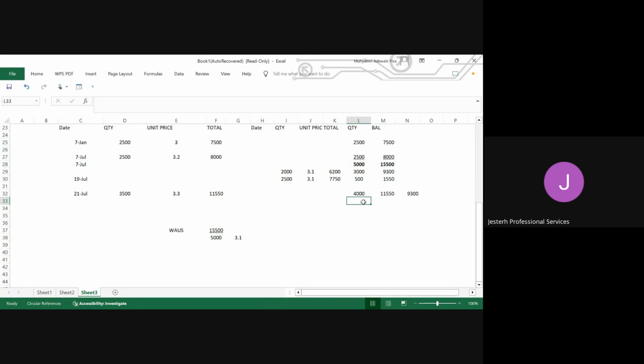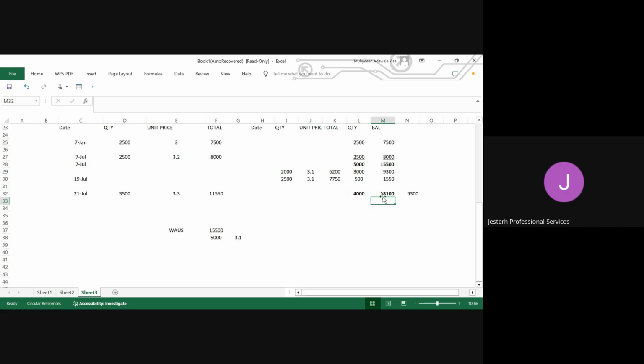The same thing will also be determined here too. Now in the store now we are having 4,000. And then at what value? This plus this plus this now.